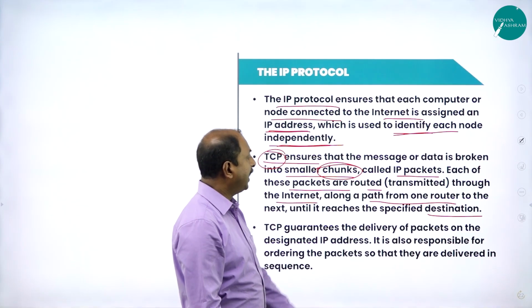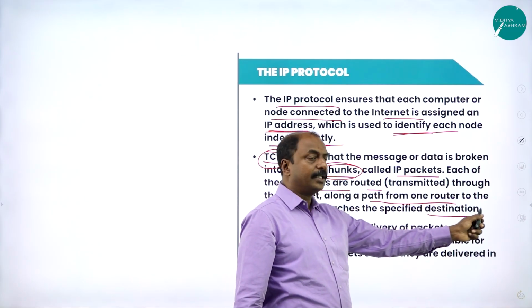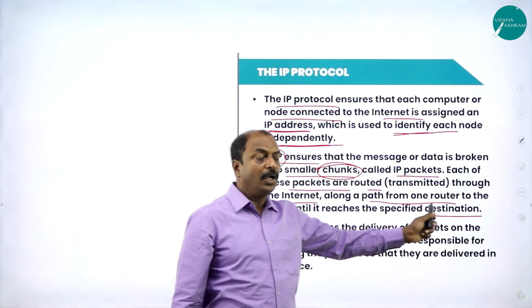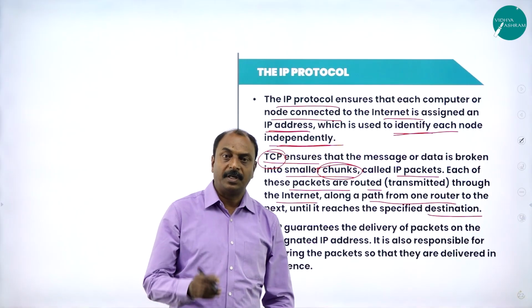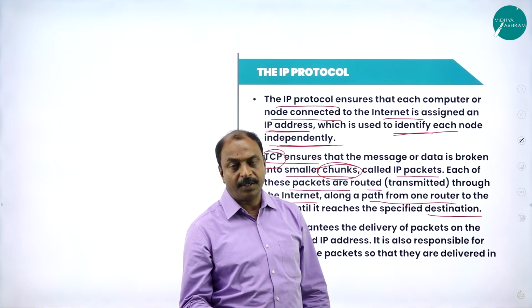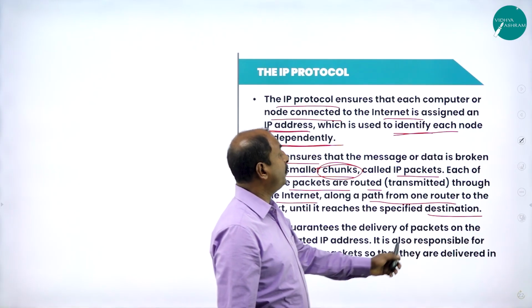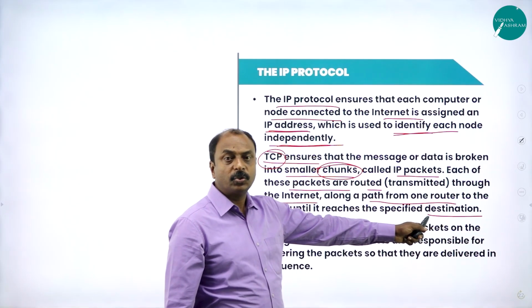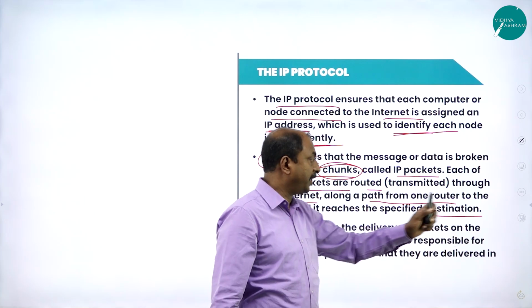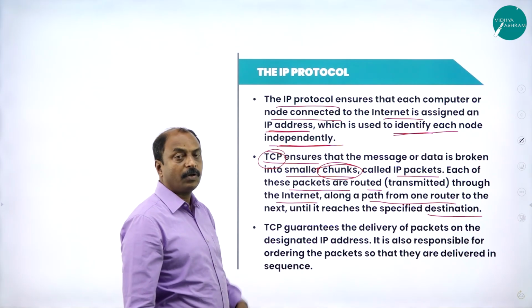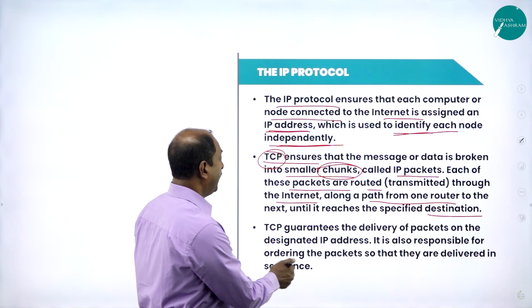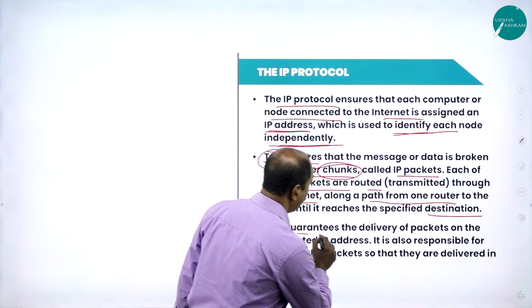So at the destination computer, all the packets, which may have been received in a different order, are assembled together to get the meaningful information that will reach the destination. That is the responsibility of TCP protocol, and it guarantees the delivery of packets.